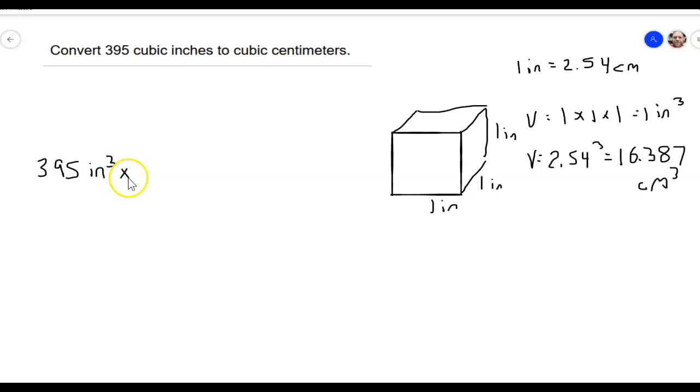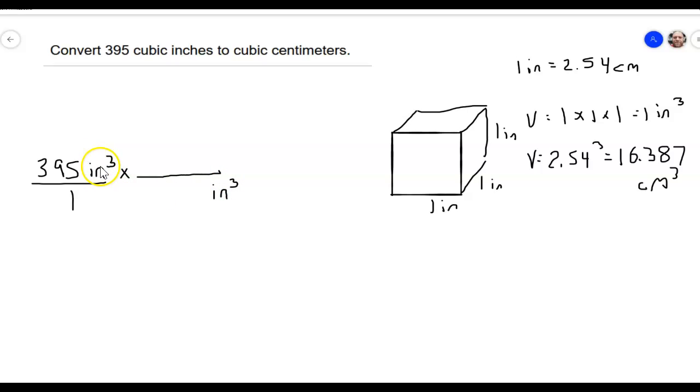Now I want to set up a unit fraction, two quantities that are equal to each other, where I can cancel out the cubic inches here, because I don't want that. I want my answer in cubic centimeters. So I'm going to put my cubic inches down here on the bottom so I can cancel it out up here.